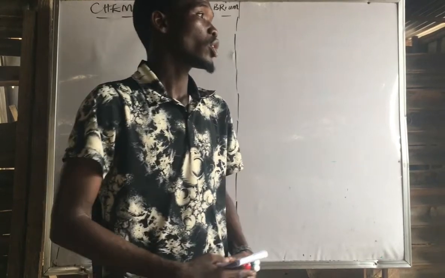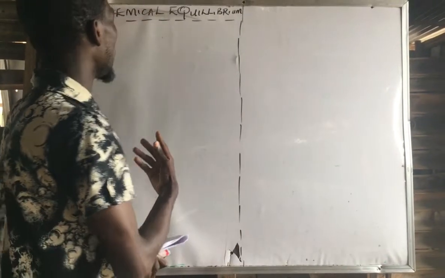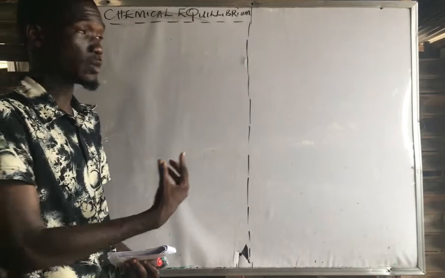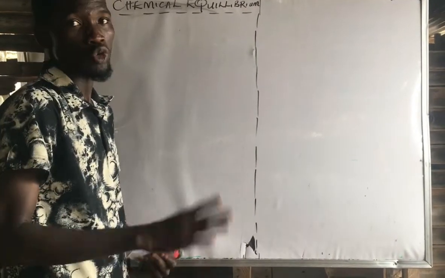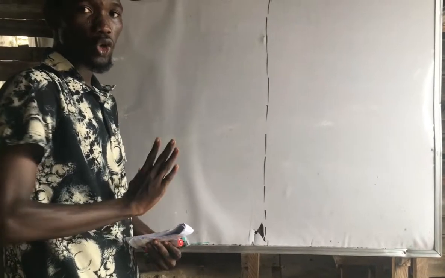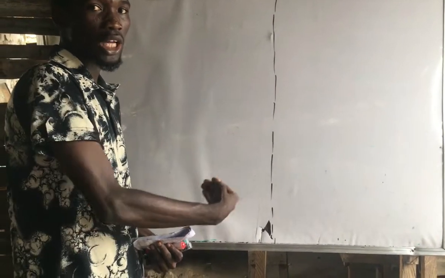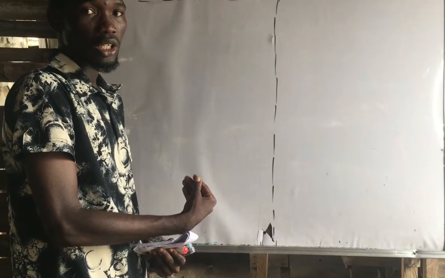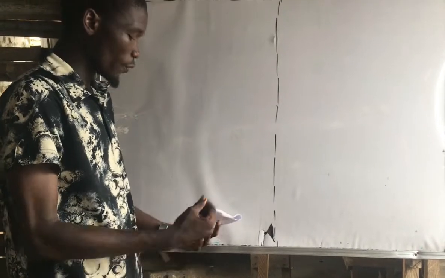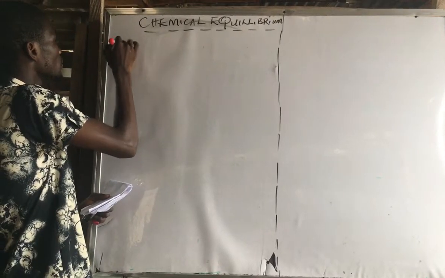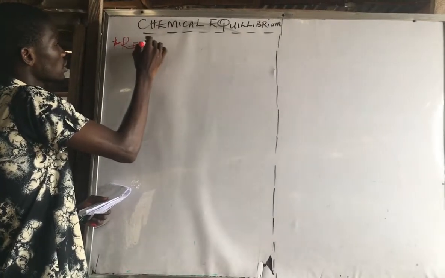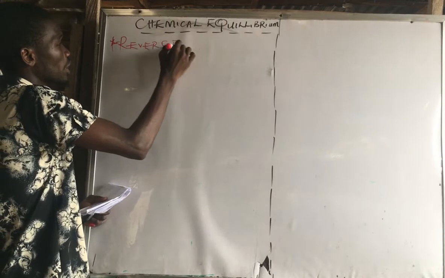Now, this chemical equilibrium, earlier I dropped a video and explained extensively what a chemical equilibrium is. Before we go into it, what are the things to be taught today? The first thing I will cite today is a reversible reaction.